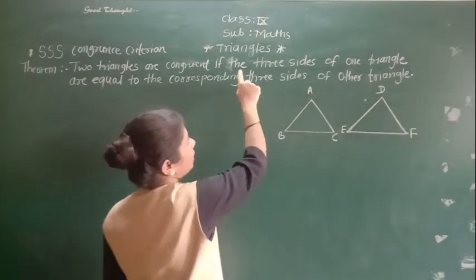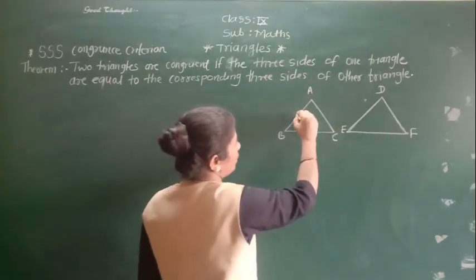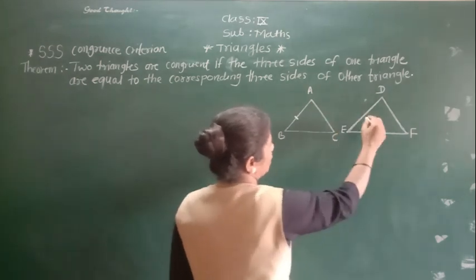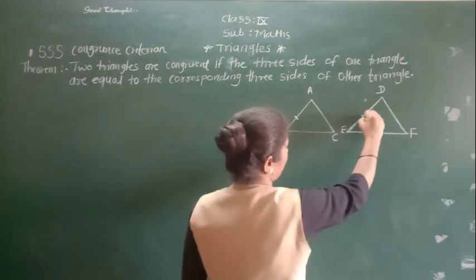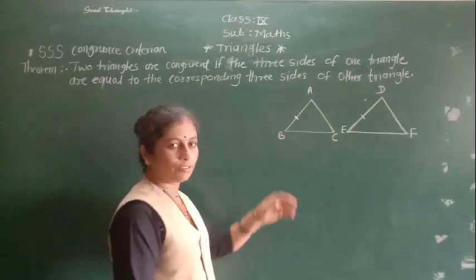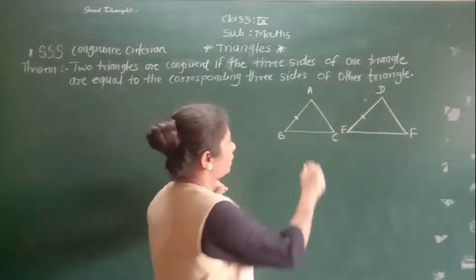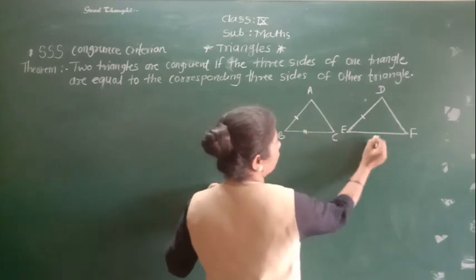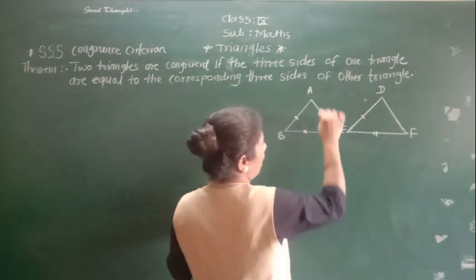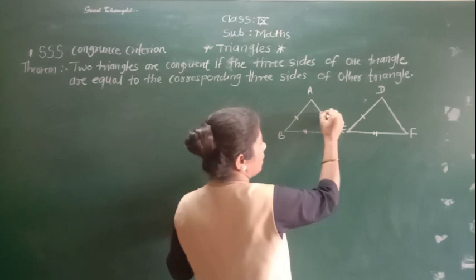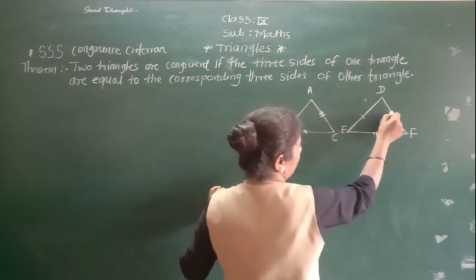Now we will see the three sides of one triangle. Side AB corresponds to DE. Then BC equals EF and AC equals DF.